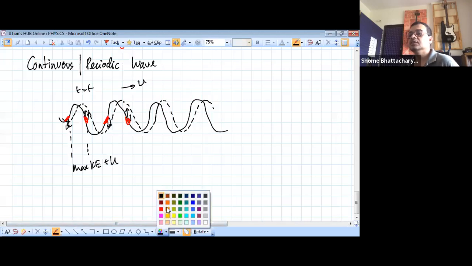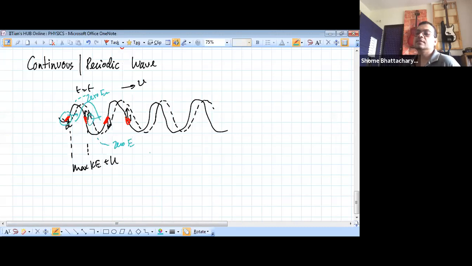Whereas it's the particles which have reached near the peaks, this set of particles, they are having energy tending to zero. Okay. And in quarter of a time period, what will happen? These particles would have all come down here. So by then, their energy has shifted. So this energy from here has shifted here. This energy from here has shifted here. And now these particles are having zero energy. So that is how energy is continuously shifting along the periodic wave. Okay.